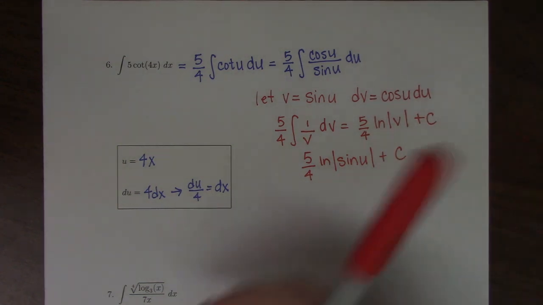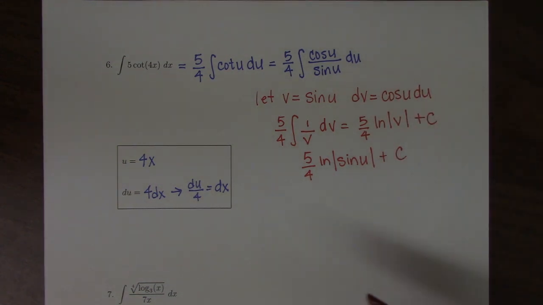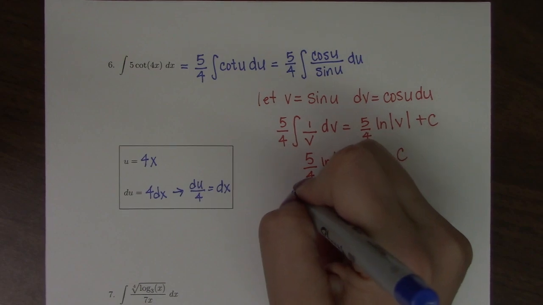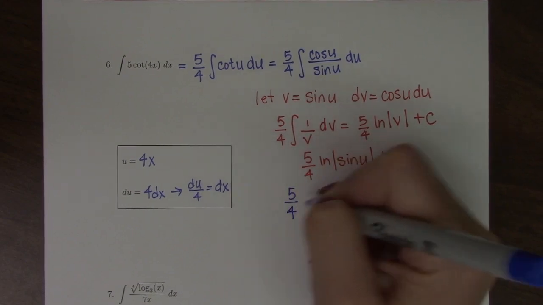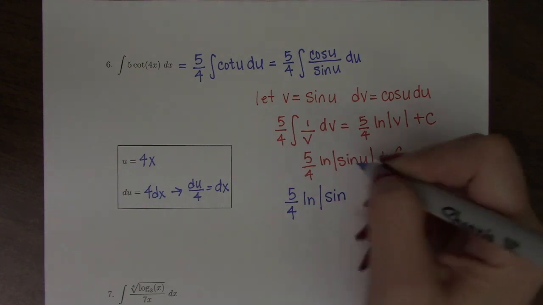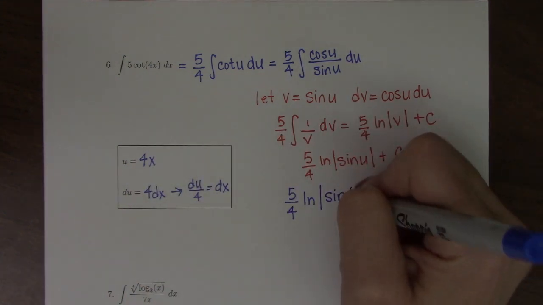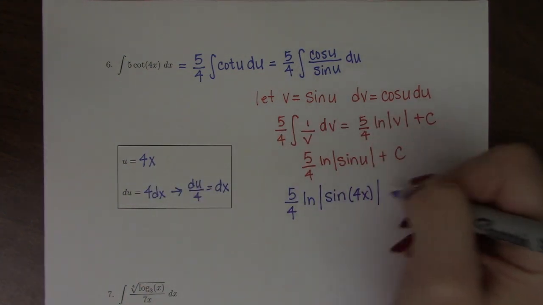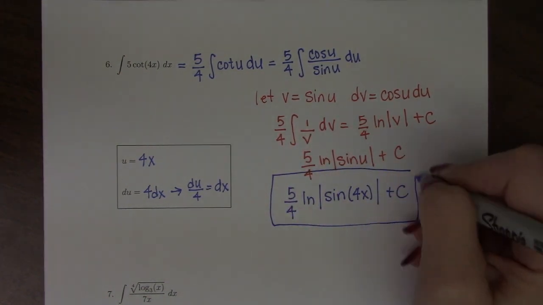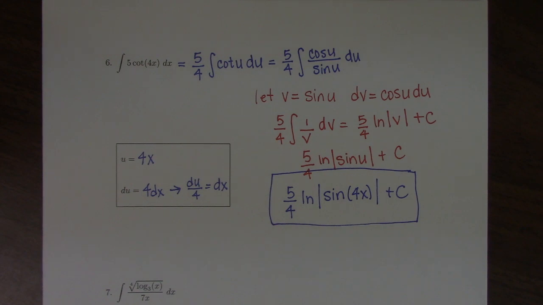And now since I double substituted, I've got to double substitute back at the end. So now the final answer is 5/4 natural log of the absolute value of sine of u, and u was 4x. So this is my final answer.